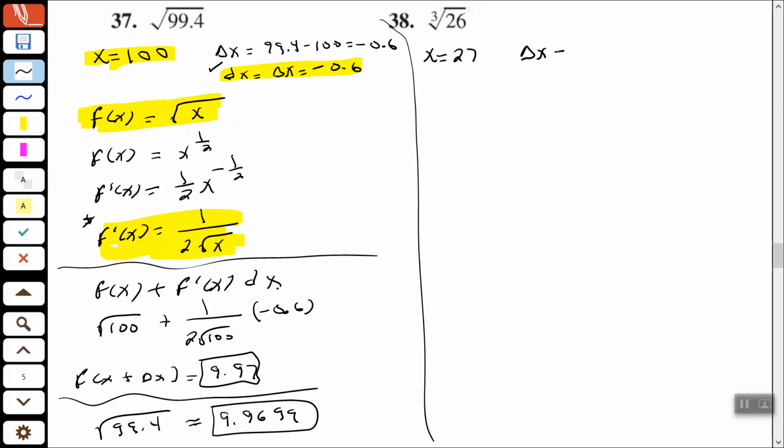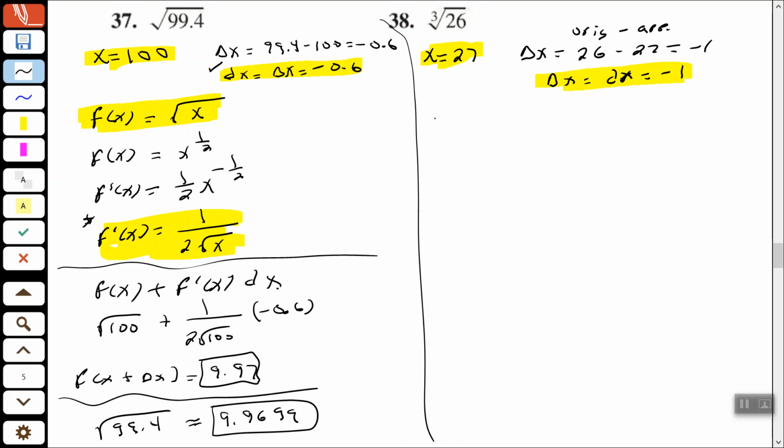Delta x is always the original minus our approximation, so 26 minus 27 equals negative 1. And we know that delta x is equal to the differential of x, so we keep that in mind as well. So x equals 27, differential of x equals negative 1.